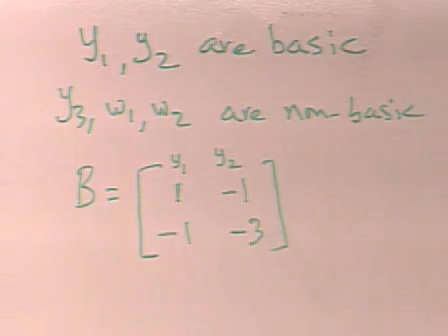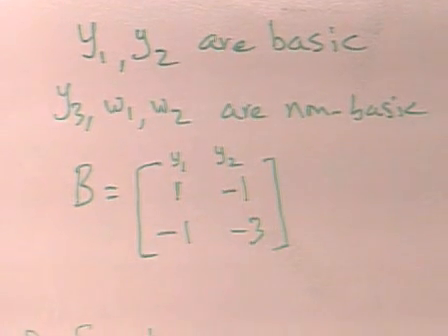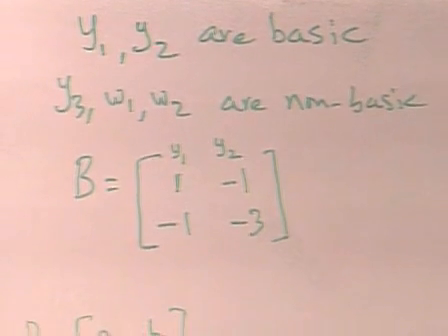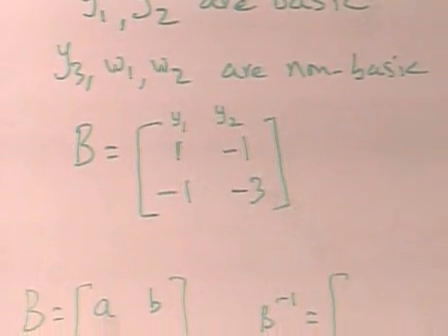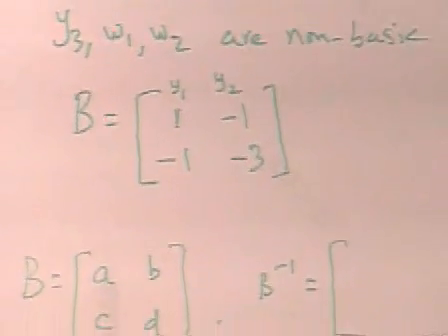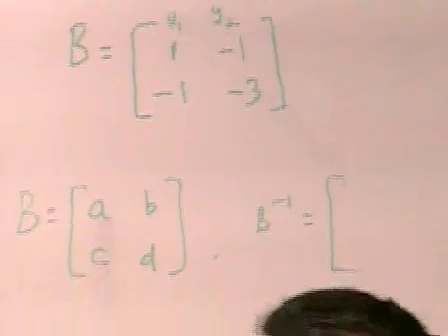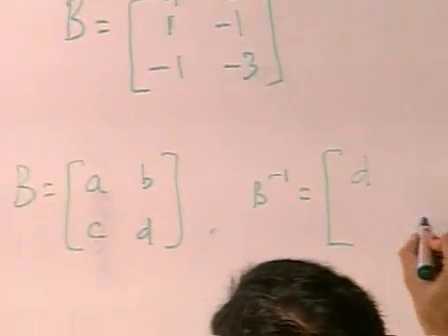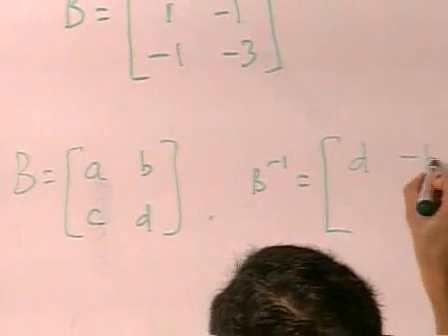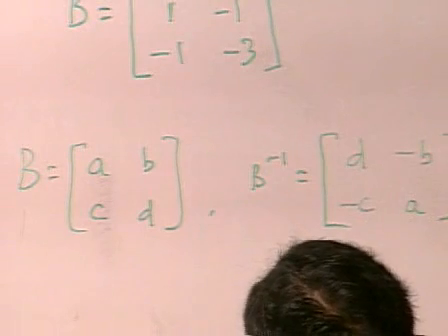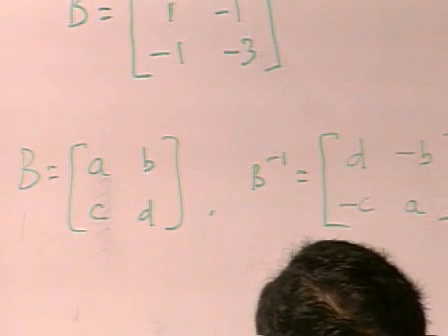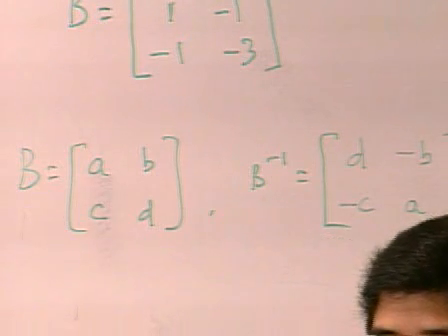So if you have a matrix A, B, C, D, B inverse is... Did I do that right?